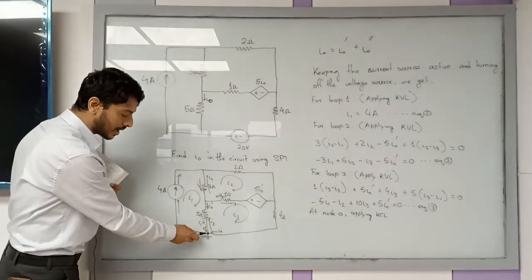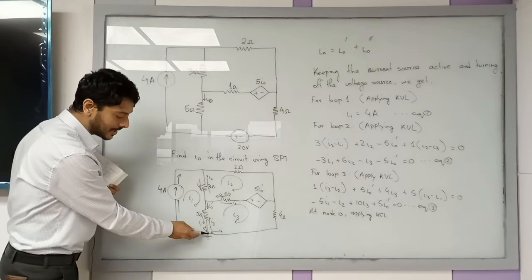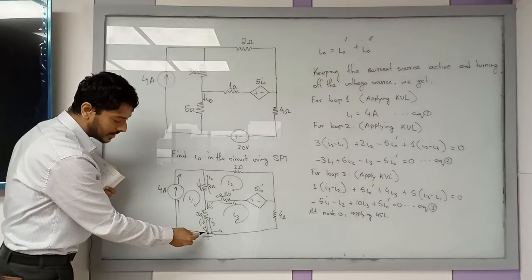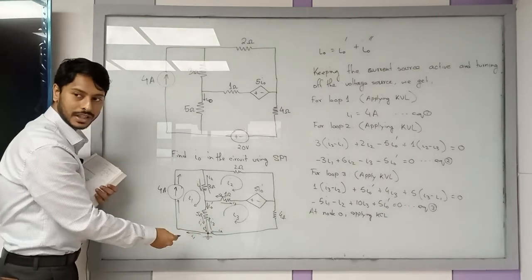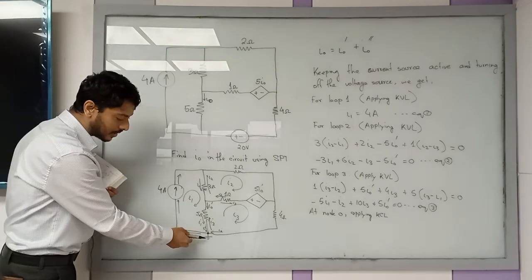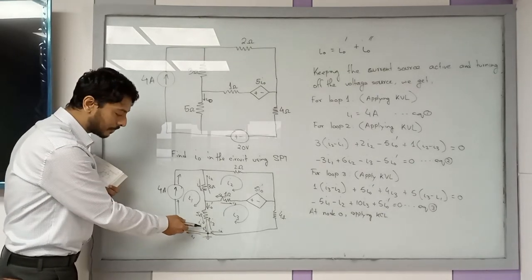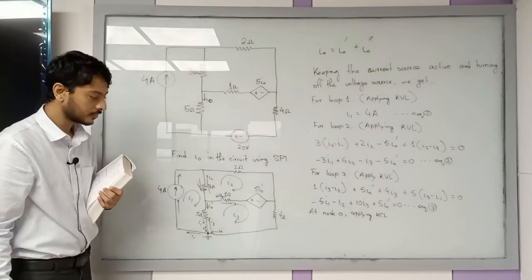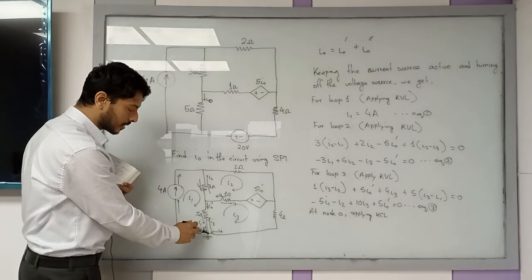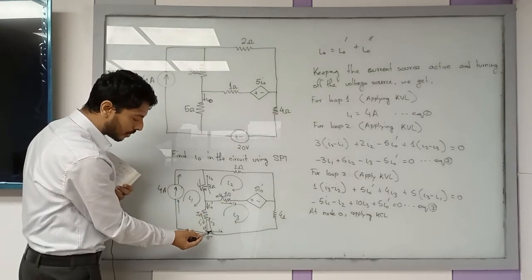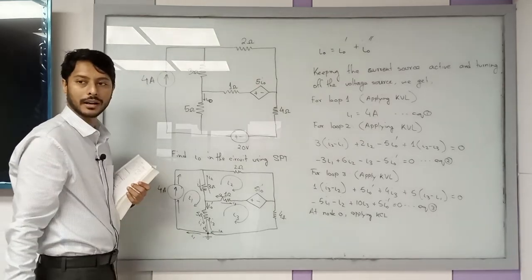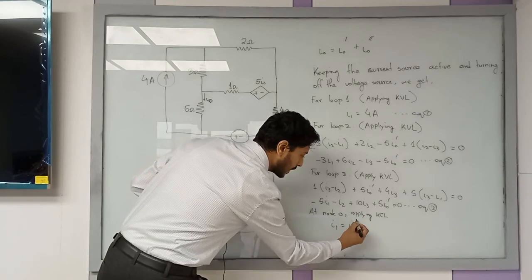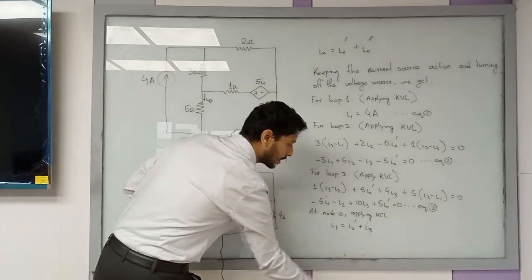This is why I am considering this node. At this node, I naught prime is entering, I3 is entering, and I1 is leaving. If I can find the relation between them, then I can replace I naught prime. If you apply KCL, the sum of these two currents should be equal to I1. So I1 is equal to I naught prime plus I3.